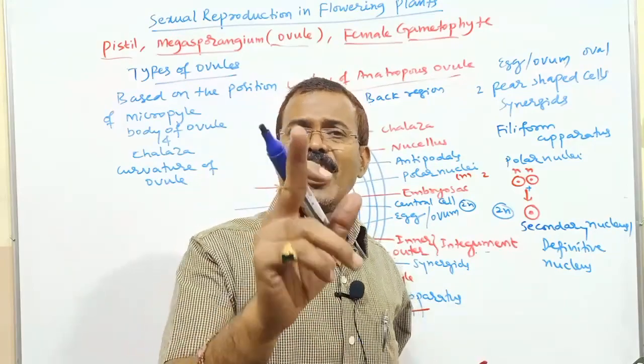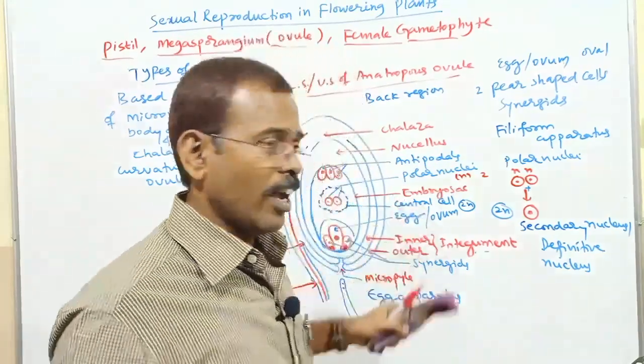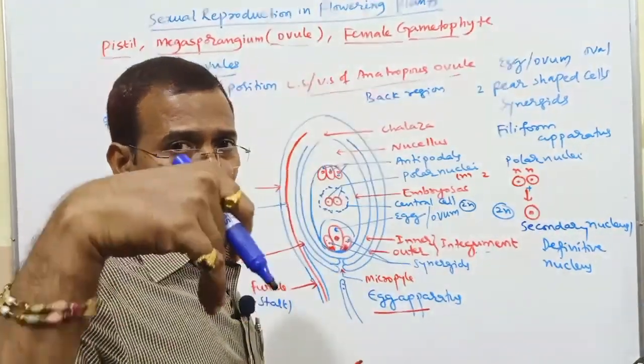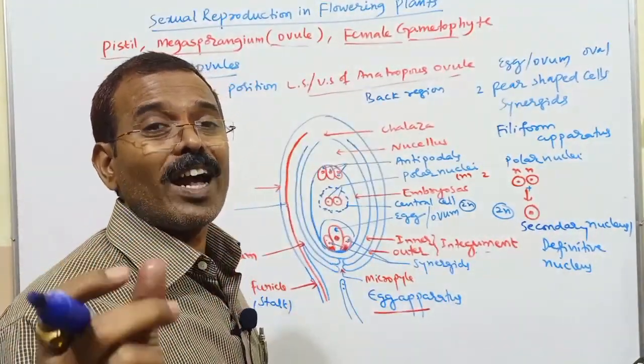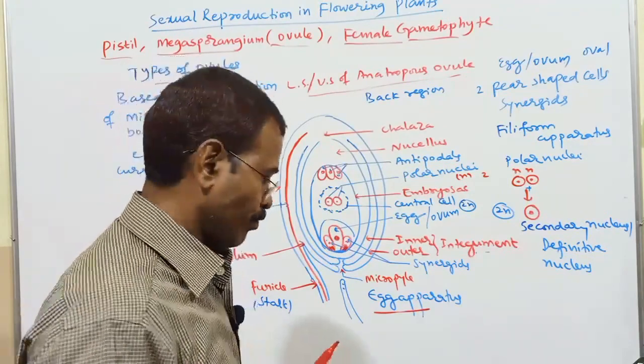For our syllabus we have only one type, the anatropous ovule, the inverted ovule, which turns by a 180-degree angle.